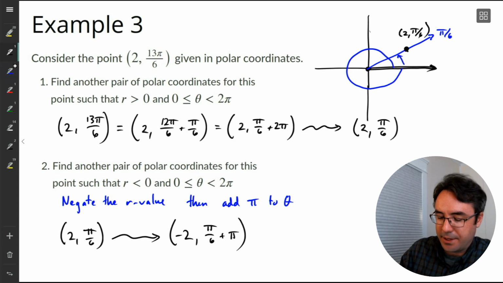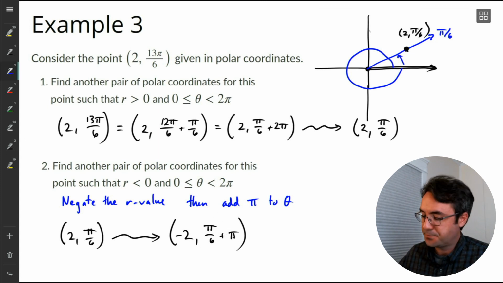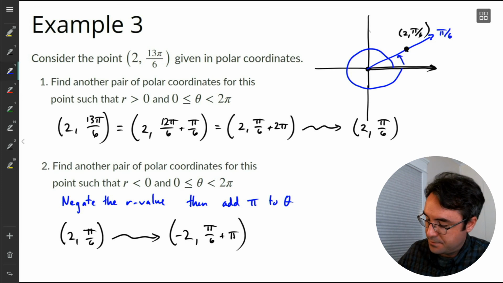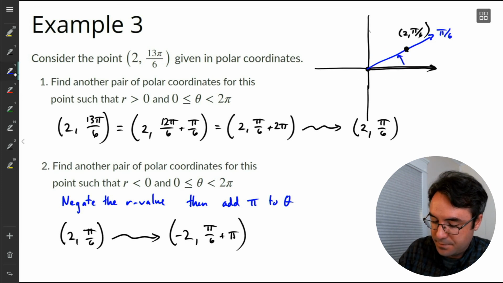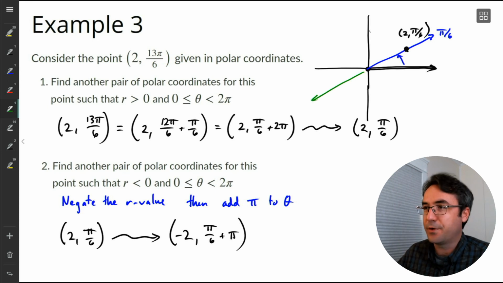And so what does that look like? What does this ray look like, pi over 6 plus pi? Well, here's pi over 6. If we go halfway around the circle, it means we'd be over here.